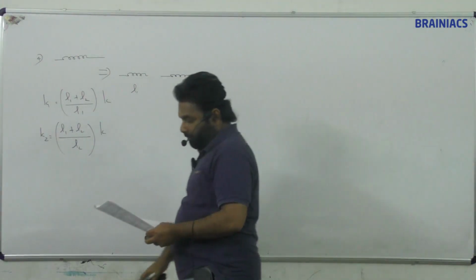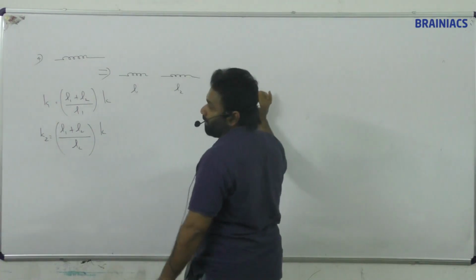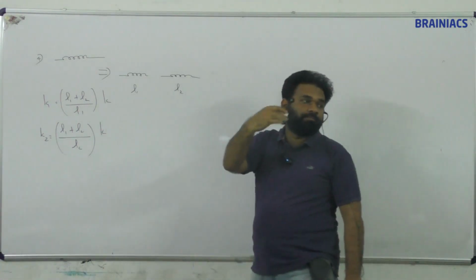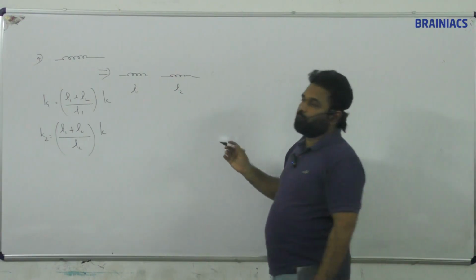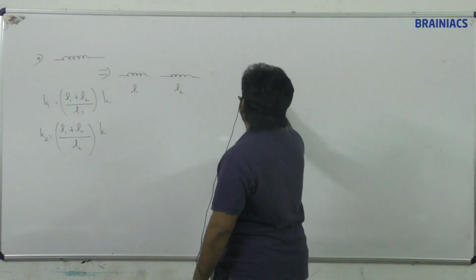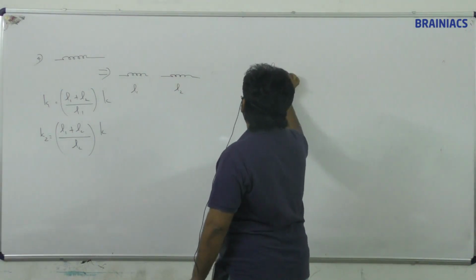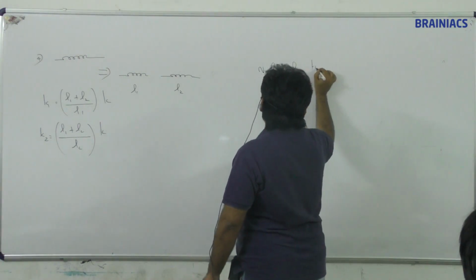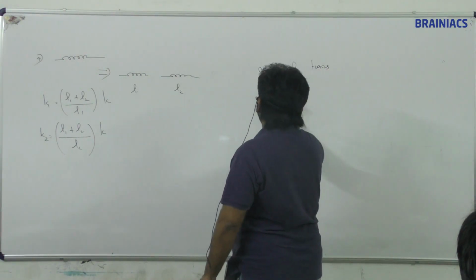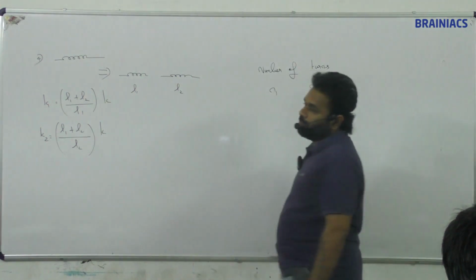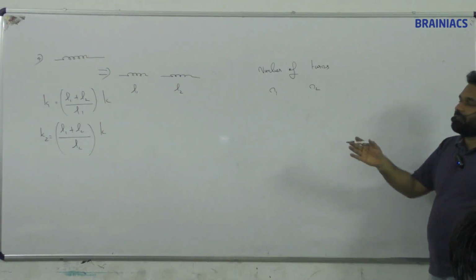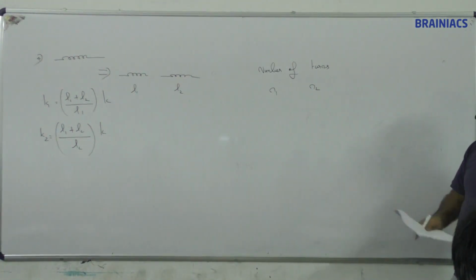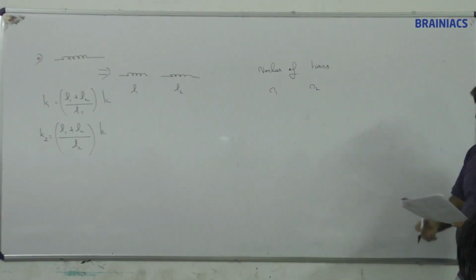Suppose the number of turns are also given, N1 and N2. A spring is cut into 2 parts; the first part has N1 turns, the second has N2 turns.